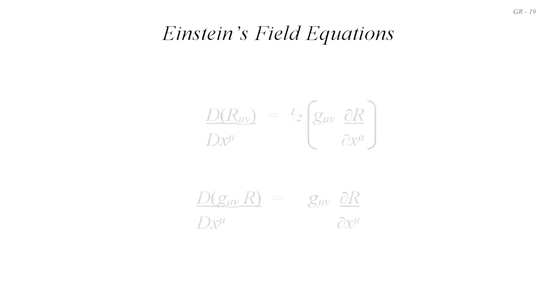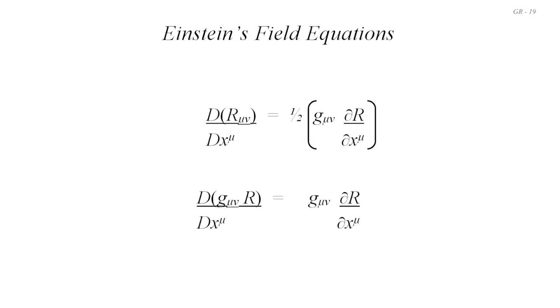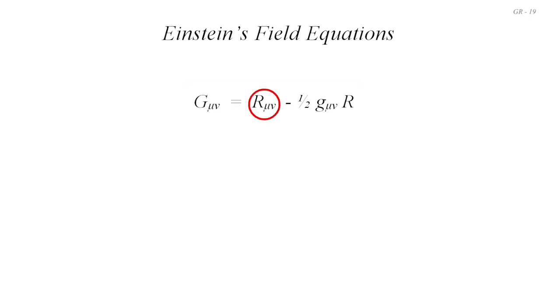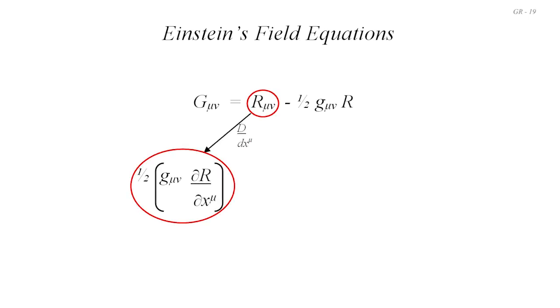However, if you look again at the results for the two covariant derivatives, you can see that the first result is half of the second. And that means that if we take capital G mu nu to be equal to this mixture of the two original tensors, namely R mu nu minus half R times G mu nu, it would mean that when we take the covariant derivative of this, we get this with a half in front of it from the derivative.